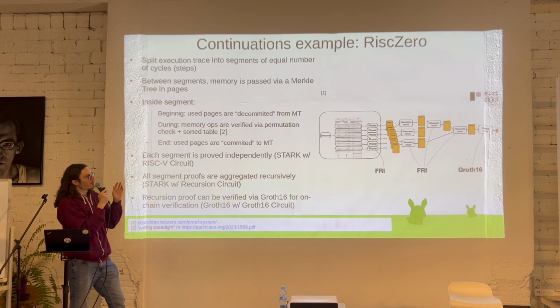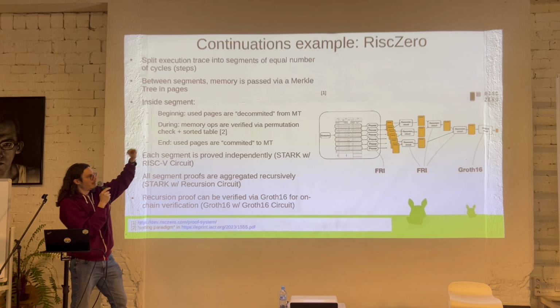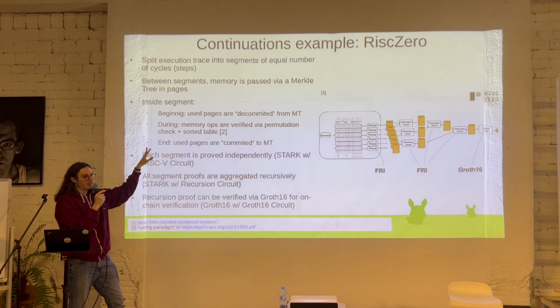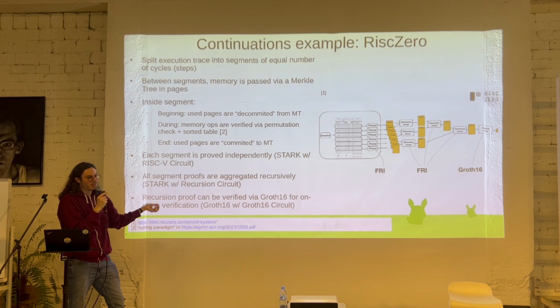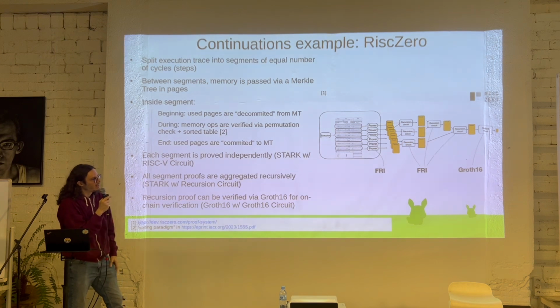I don't know the details, but I assume that in the aggregation step you're connecting inputs and outputs from segments, and they include at least the Merkle roots that contain the memory, but also the state, which is the registers. So if you swap them, that will not match, and the aggregation will fail.